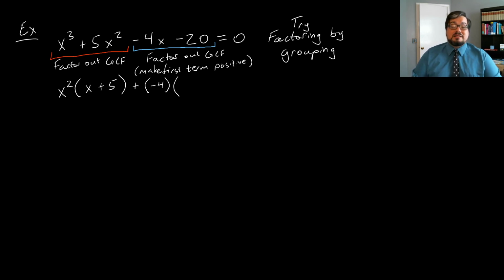In this case it happens to be 4, so we factor a negative 4 out. That pulls a negative 4 out of each of the terms in the blue bracket, or in other words, divides them by negative 4. So we get x, and then factoring a negative 4 out of negative 20 gives us a plus 5.